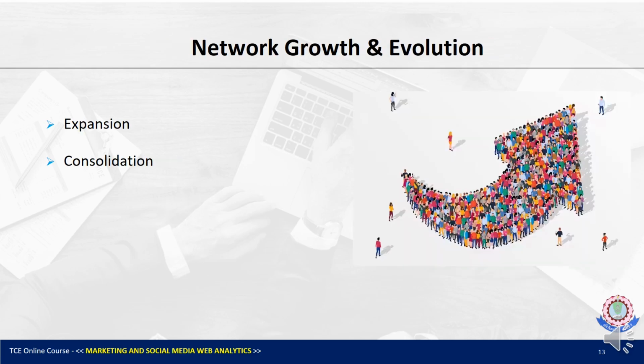Network growth and evolution. Networks consistently grow as new nodes join and new relationships form. Growth is influenced by geography, interest similarity, and platform algorithms. Understanding growth patterns helps interpret how communities and influence form.